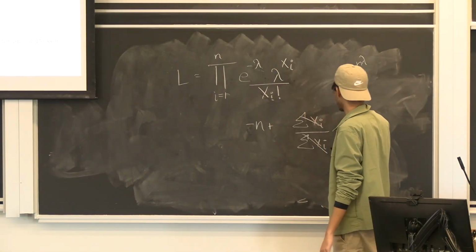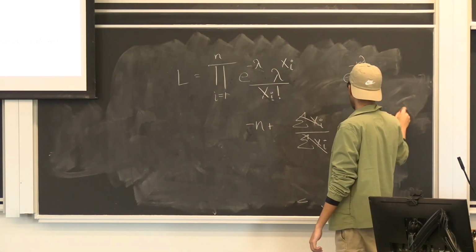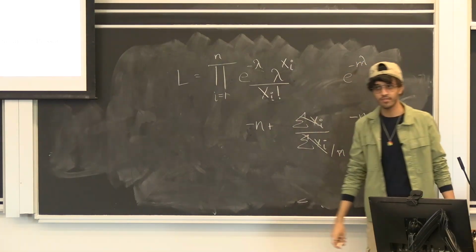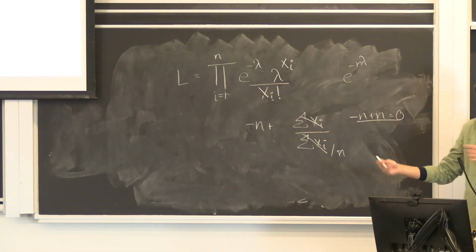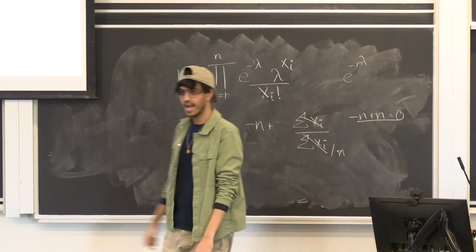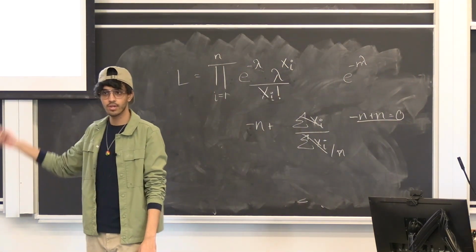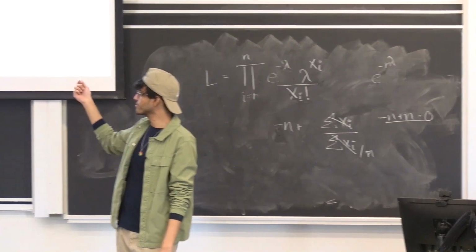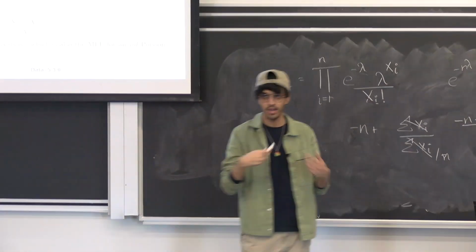This cancels out, and then you have minus n plus n, which does indeed give you 0. So that would make the average the MLE, right? So if you were given a score function and asked to find the MLE, you could solve for the score equals 0, and then work backwards and find the MLE, right?